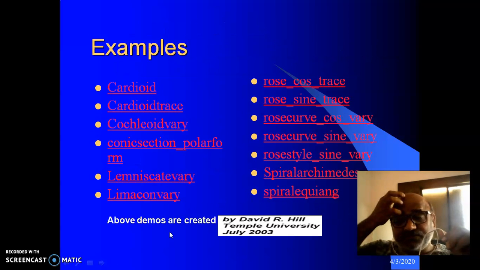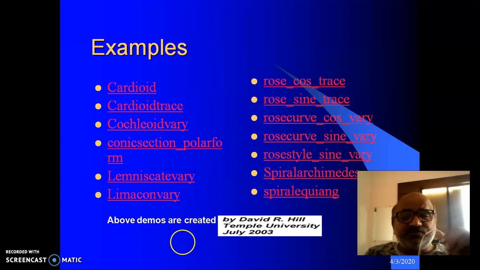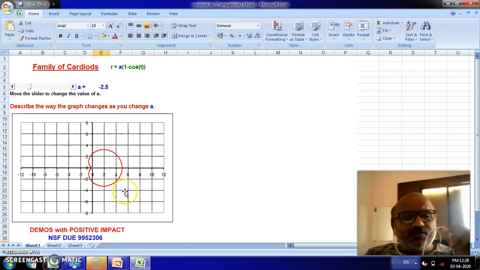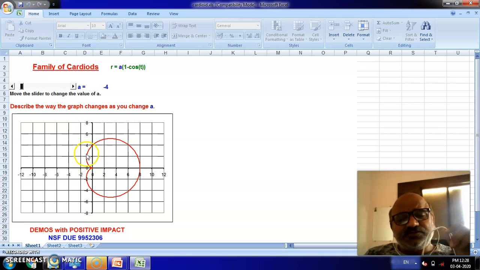Next, here are some examples. Cardioid. It is of this form. The cardioid is symmetric about the initial line. For theta equal to 0, you can get different values.